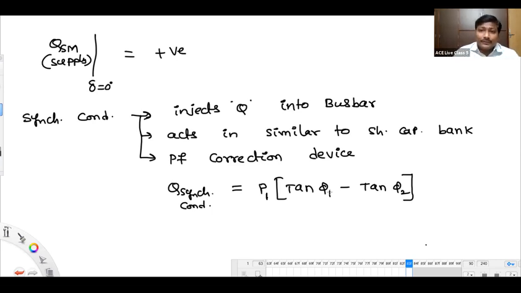For example, if the synchronous condenser is also taking real power, because it is a mechanical device, definitely it will take some real power, even though you say it is under no load. In that situation, you should write Q synchronous condenser as P1 tan phi1 minus P2 tan phi2.